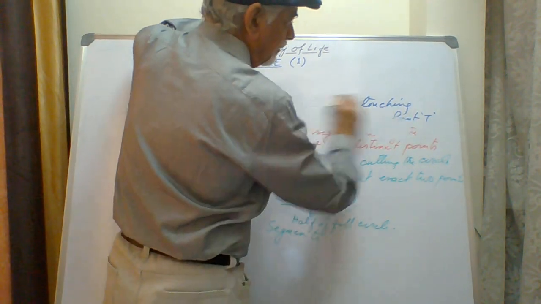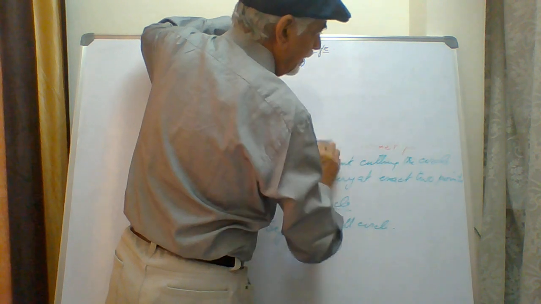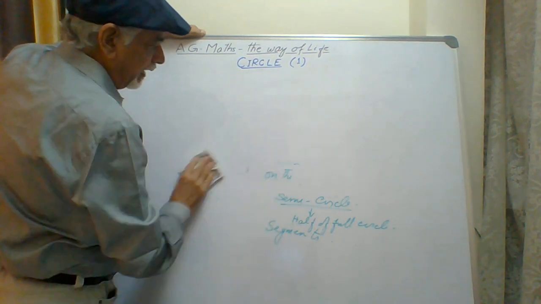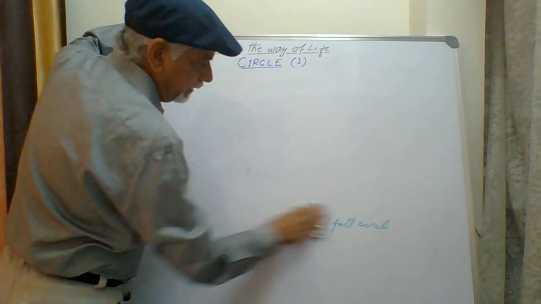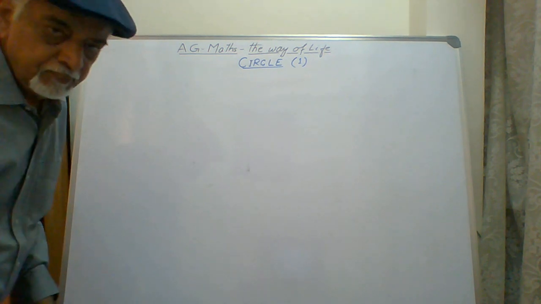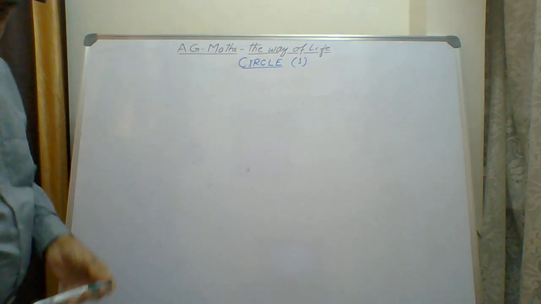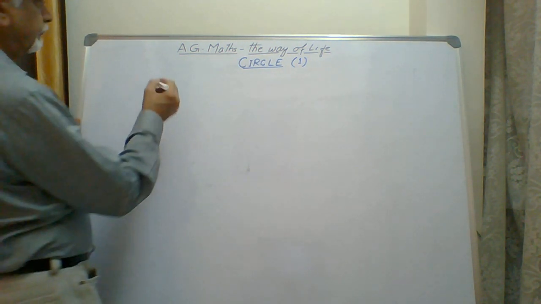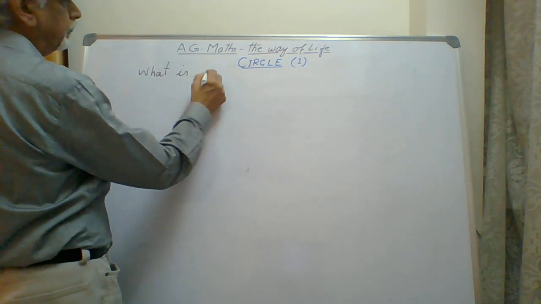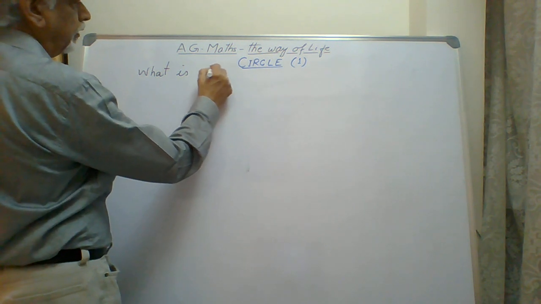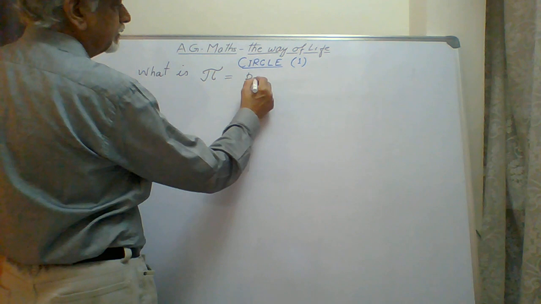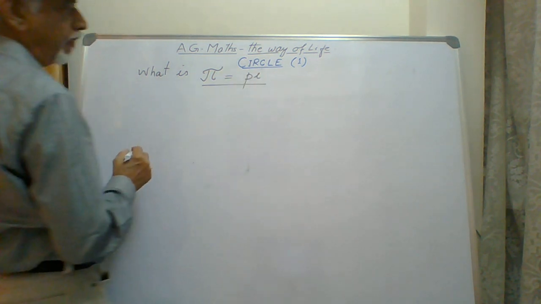Pi is not pronounced as pie, not spelled as pie, but in mathematics, this pi is written as PI only. We pronounce it as pi.